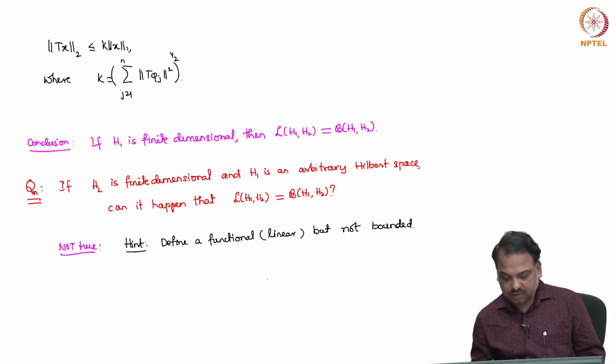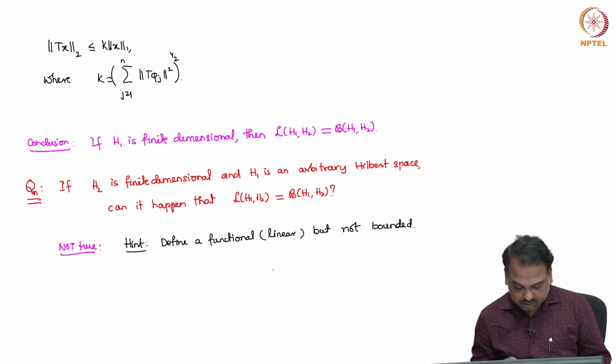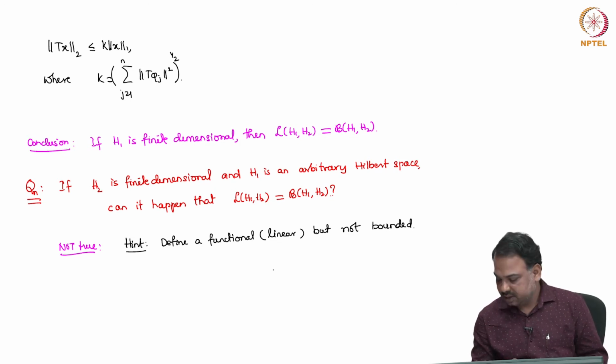We can always get such functionals. So from that we can conclude that even though H2 is finite dimensional, a linear map need not be bounded. Let us look at a few more examples.